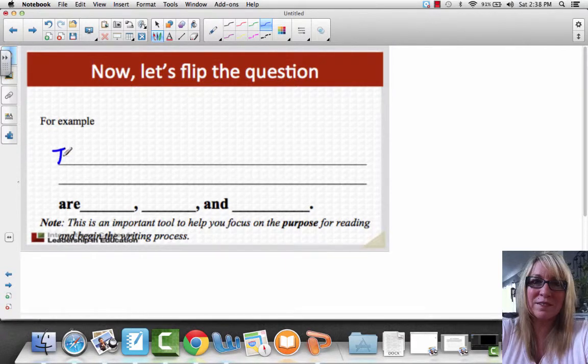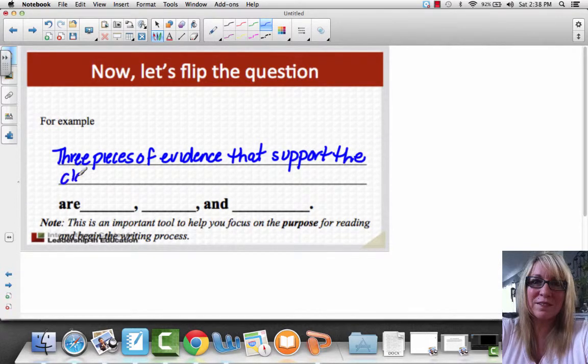For example, 3 pieces of evidence that support the claim snowflakes are six-sided structures are blank, blank, and blank.